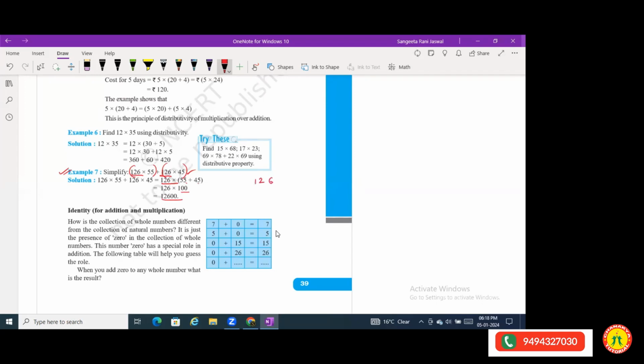Understood? See here, 126 into 55, this is one number which is given to you. Then a big operation is here. Operation means some activity. Then again 126 multiplied by 45. Now I consider this as one thing and this as another thing. Like suppose this is a bracket here, and this is a bracket here. Now I can see 126 is common here and here.